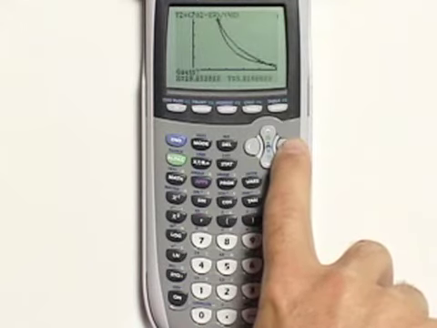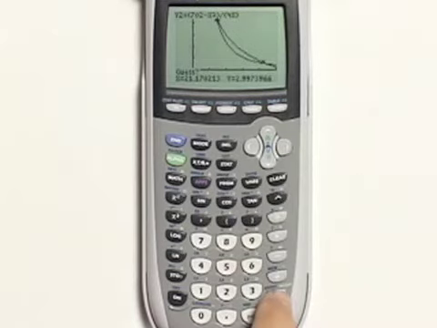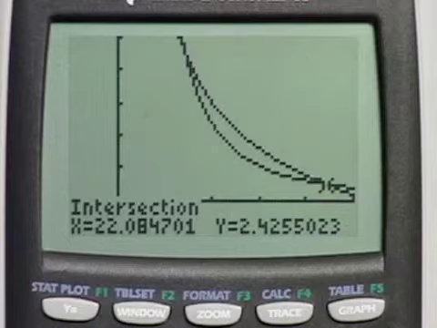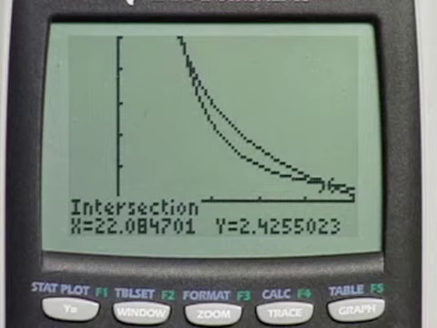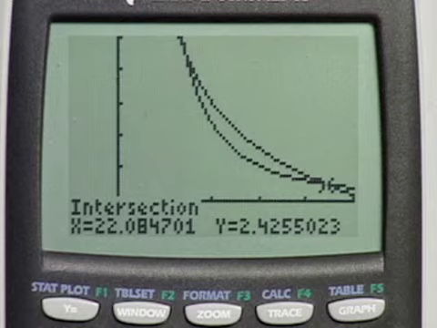It's getting close, and so let's say there. We press enter. So it shows us that the intersection occurs at x equals 22.084701 and y equals 2.4255023.